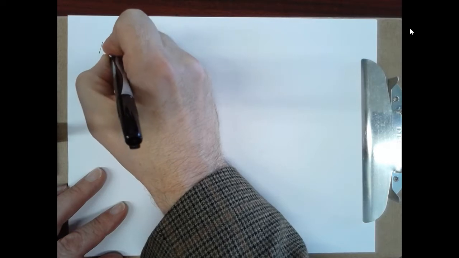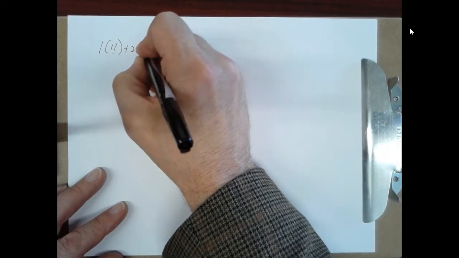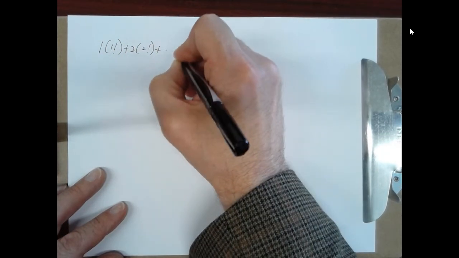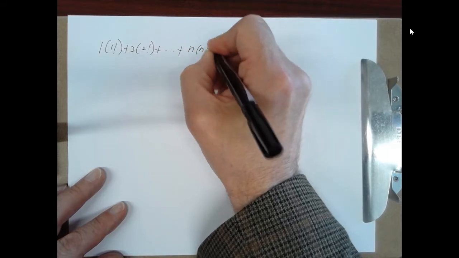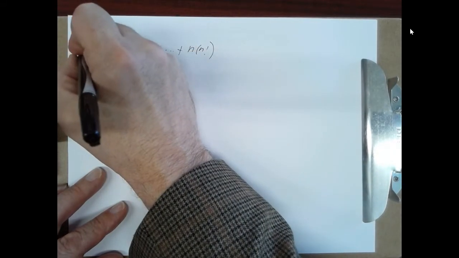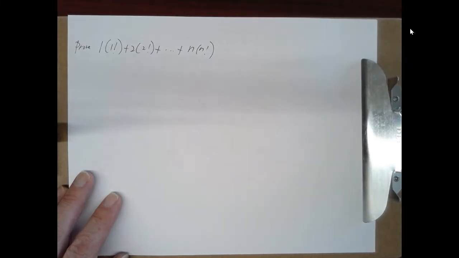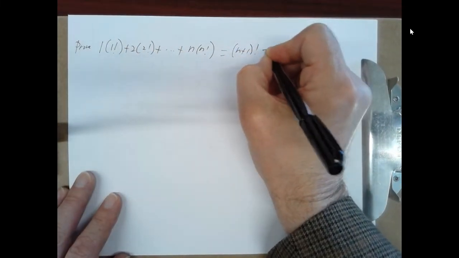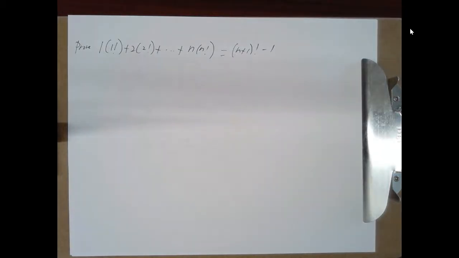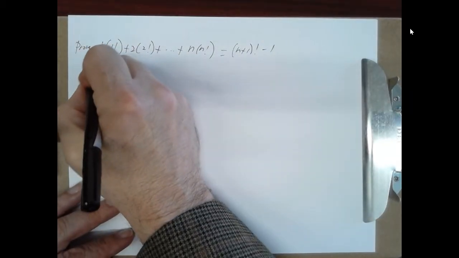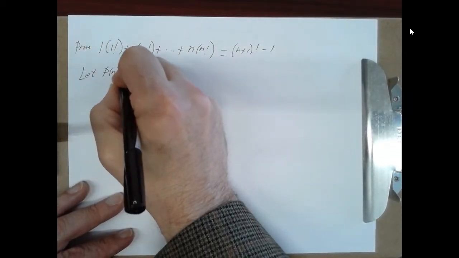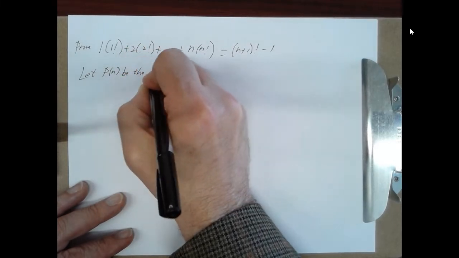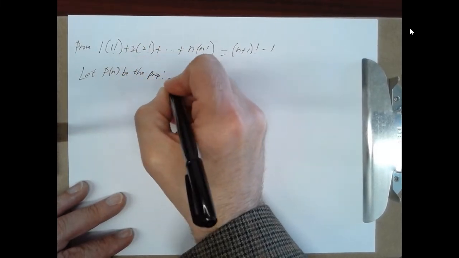All right, so we talked about this one a little. So prove that that is equal to n plus 1 factorial minus 1. Let P of n be the proposition. And you know what?